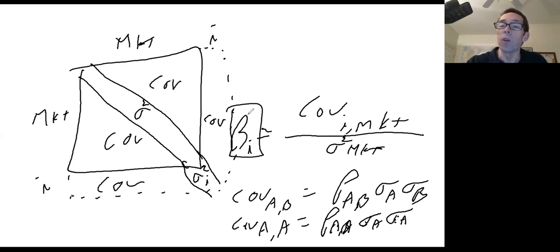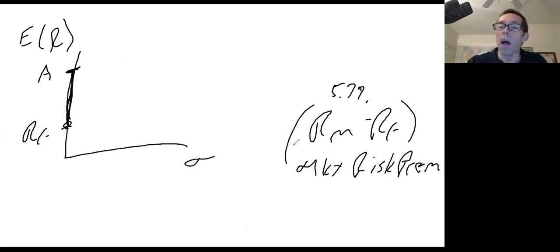So guess what we can do? We can simply multiply the market risk premium by the beta of stock I. So if the beta of stock I is 1, stock I gets an average risk premium, which is the market risk premium. If the beta of stock I is greater than 1, which means it's going to increase the standard deviation of our market portfolio, stock I will get a higher than average risk premium.